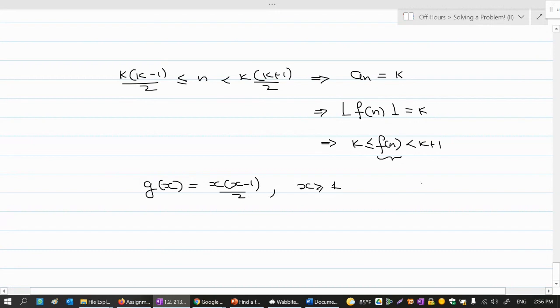If you graph this function, the graph looks approximately like part of a parabola that starts at the point (1, 0) and increases. Now, notice that the form on the left side of this inequality is nothing more than g evaluated at k. Now we are going to find the inverse function of the function g.